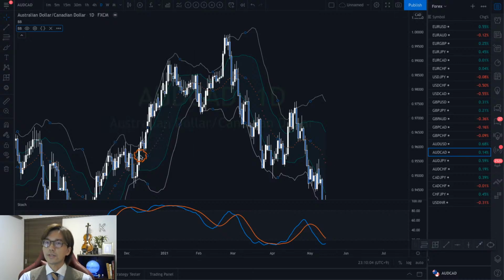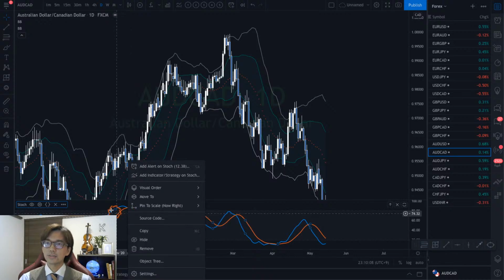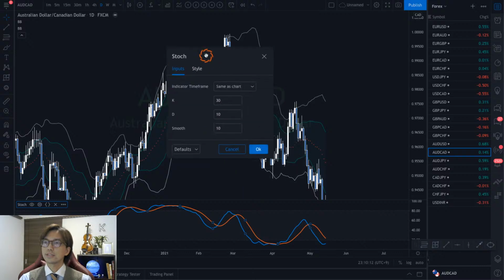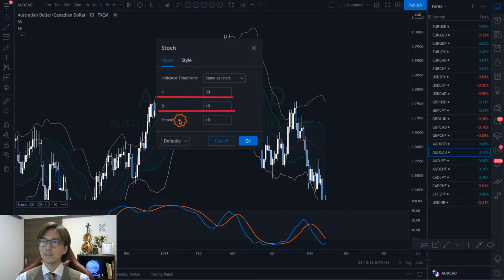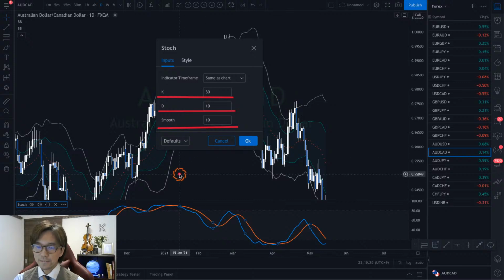And in terms of the stochastics, I use the slow stochastics with a 30, 10, 10 setting here. So I use percent K as 30 and percent D as 10, and smooth I put 10, slowing is 10. And I have the stochastics below here on this screen.